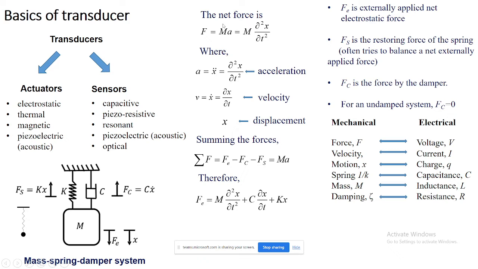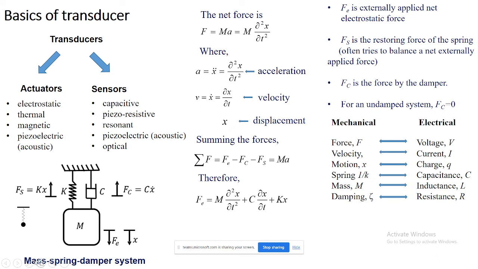You can see here that the net force acting on the mass is given by this very famous equation, F equals mass times acceleration. So we know acceleration, velocity and displacement. Acceleration is the rate of change of velocity with respect to time, and velocity is the rate of change of displacement with respect to time.